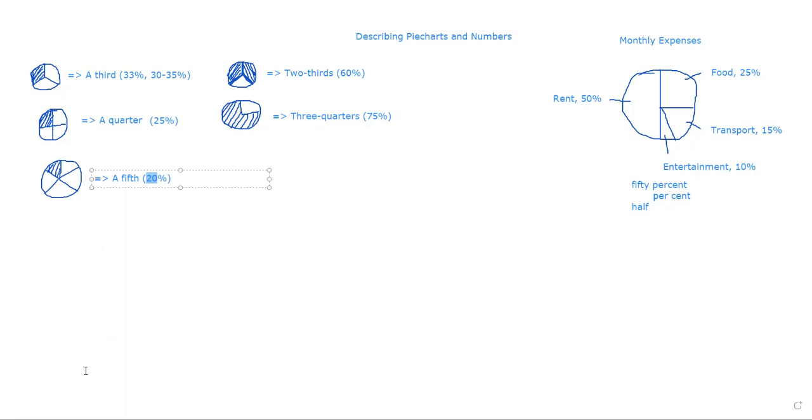So these you need to identify. Then how about 40%? What is the fraction for 40%?